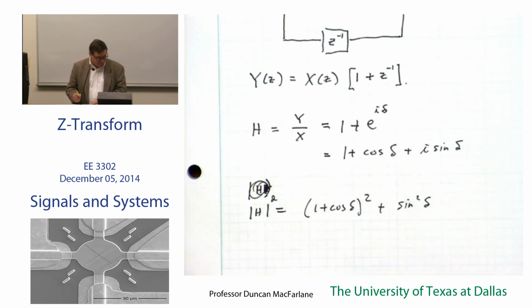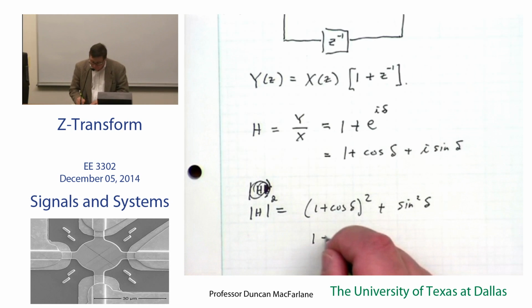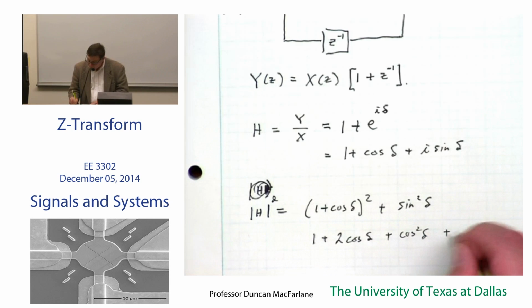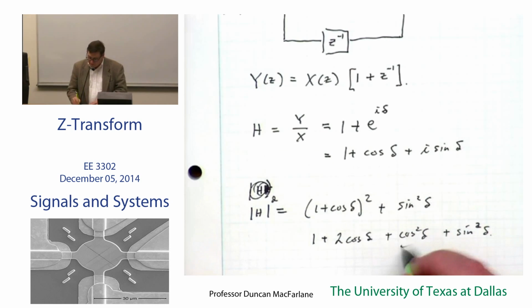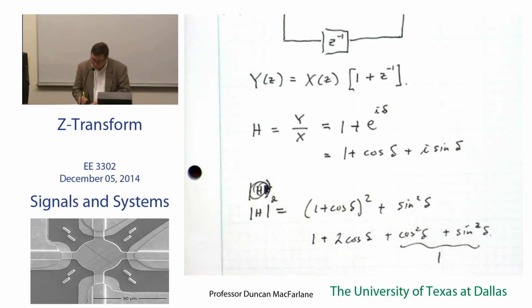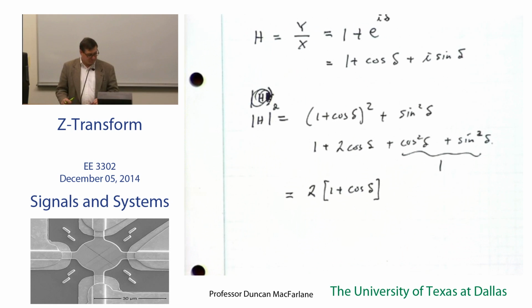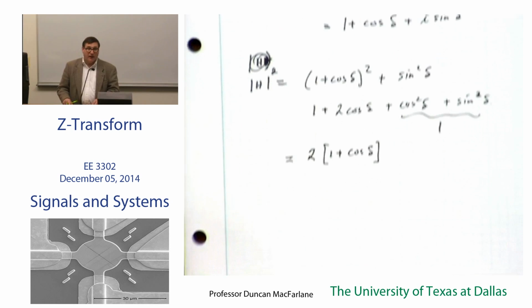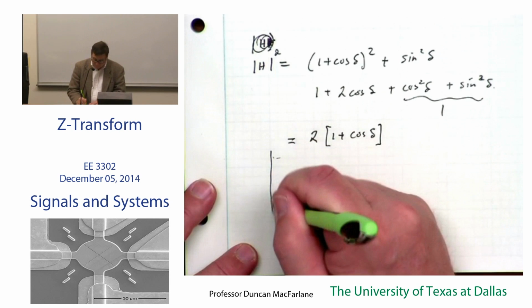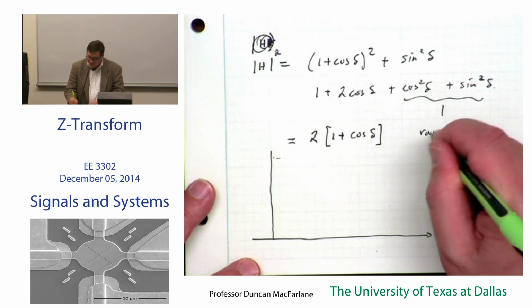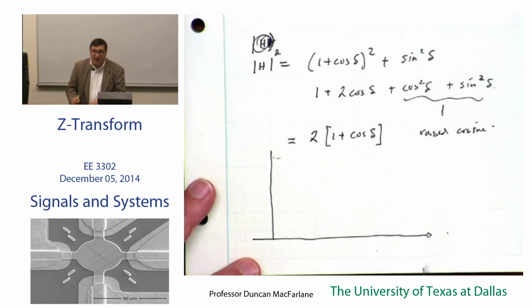input to output. Okay? And so if I work all this math out, twice cosine of delta plus cosine squared of delta plus sine squared of delta, these two terms add up to 1. And so I'm left with a DC term plus a cosine term, and if I plot this, it is a raised cosine response.